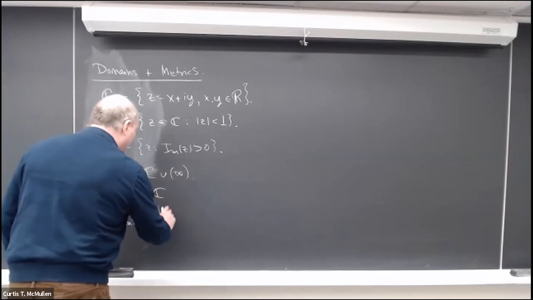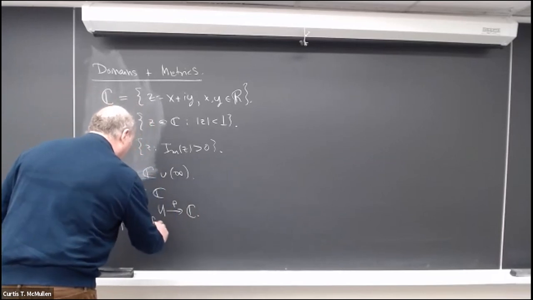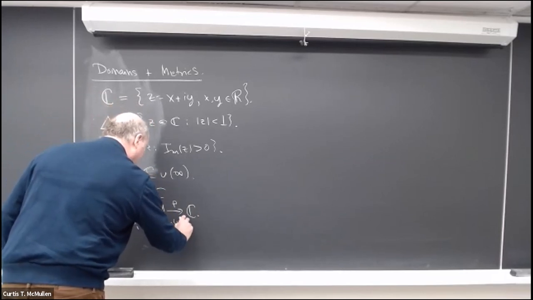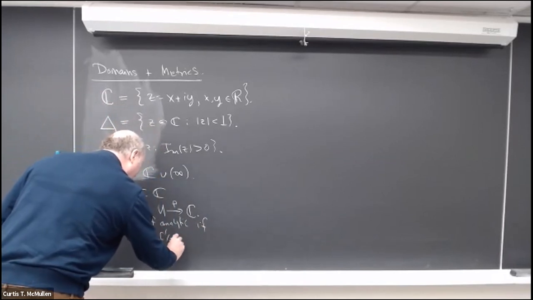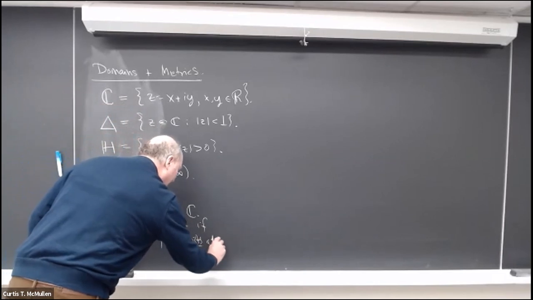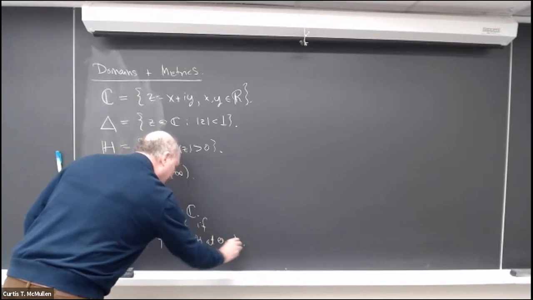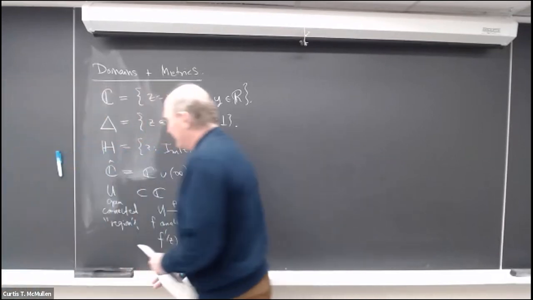If you have a map from this open set to the complex numbers, then we say f is analytic if its complex derivative f prime of z exists at each point. Okay, so that's the definition.